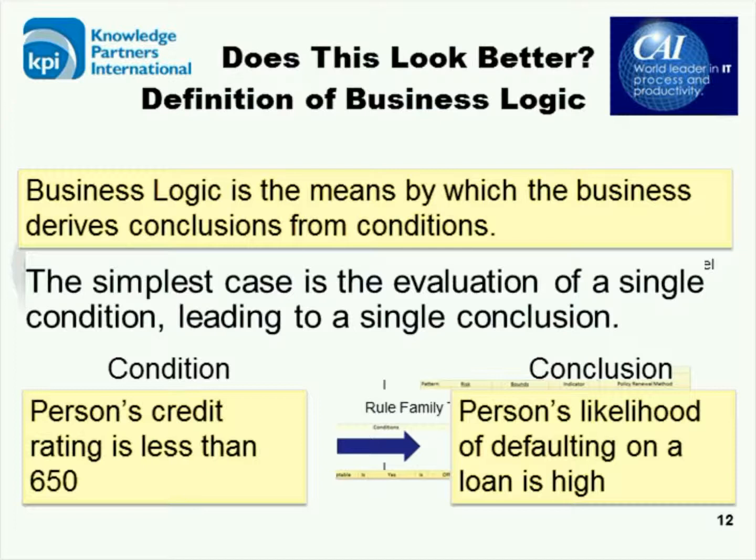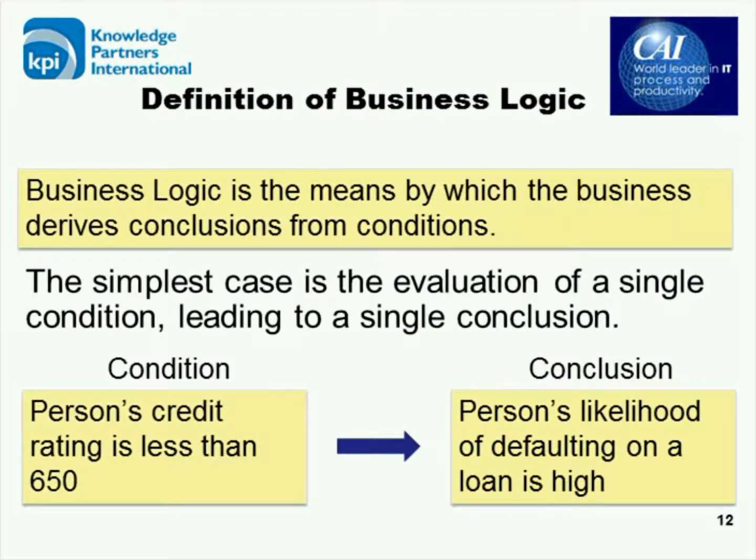Business logic is the means by which a business derives conclusions from conditions, because that's what the word logic is all about. In order to come up with a model, we need a structure to the sentences. If we can put together conditions and conclusions, then we have a natural structure of logic.